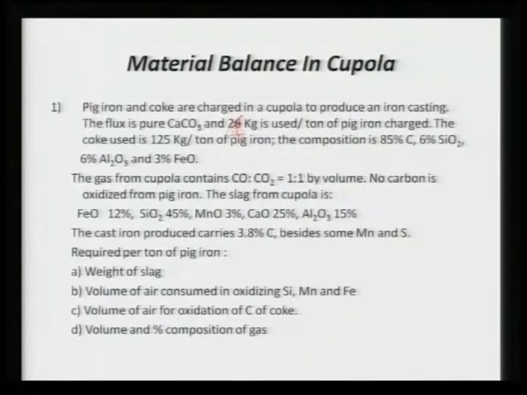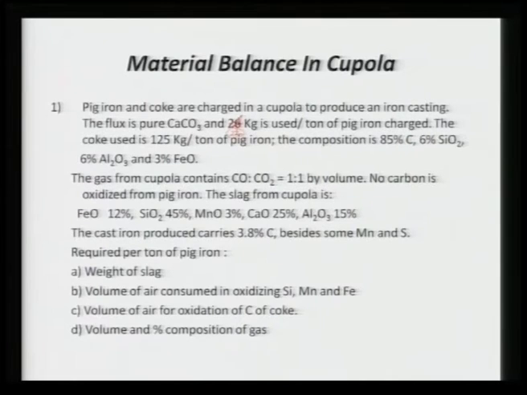The cupola melting is not, in a sense, autogenous, so you should not worry about that. 22 kg is used per ton of pig iron, the coke used is 125 kg per ton of pig iron, and the composition of coke is also given here: 85% carbon, 6% SiO2 and so on.